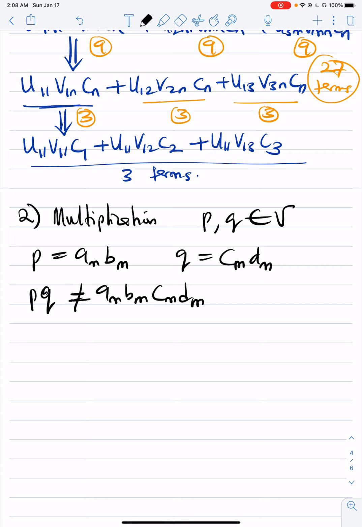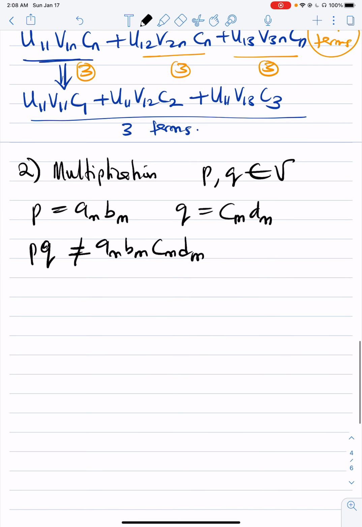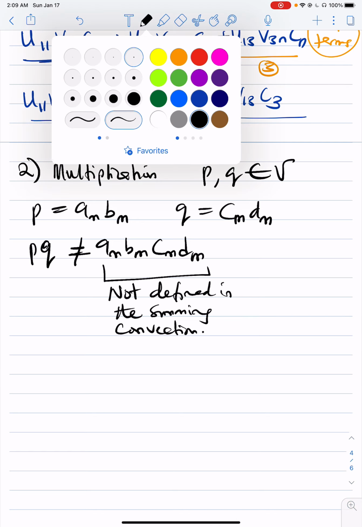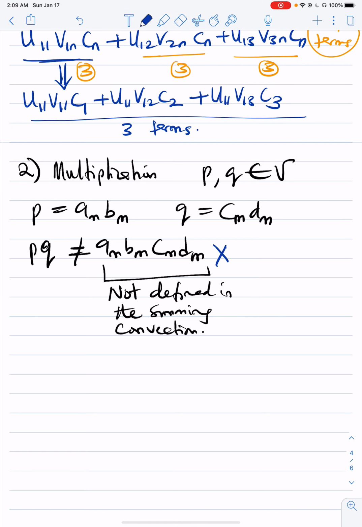Unfortunately, that is not the case. In reality, this expression is not defined in the summation convention. It's not even defined, so it does not exist.